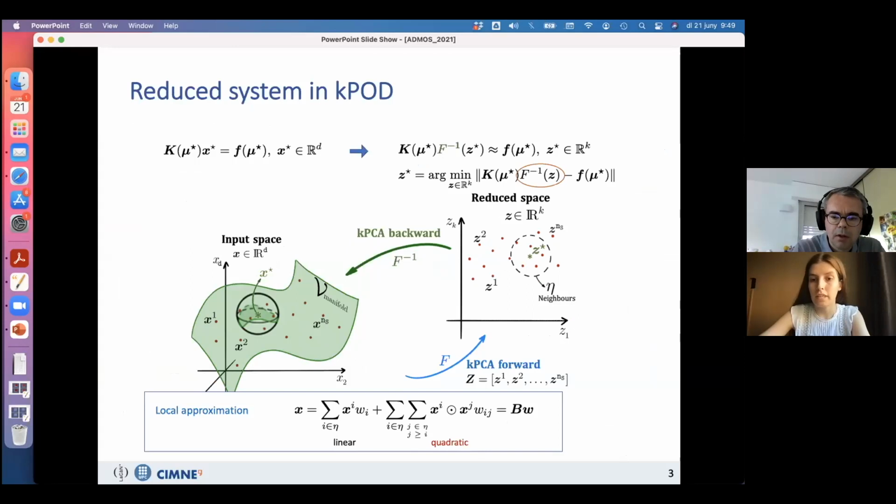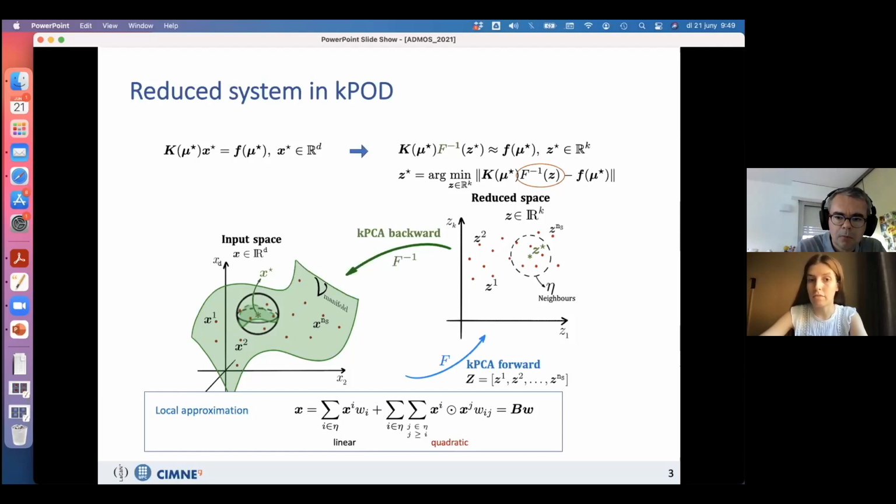The F is the forward mapping from KPCA that has an explicit formula, so I don't put it here. F is known, it is the standard one from KPCA. We need this local approximation with a formula for the X to do the backward mapping. The backward mapping is not well defined because F is not injective.